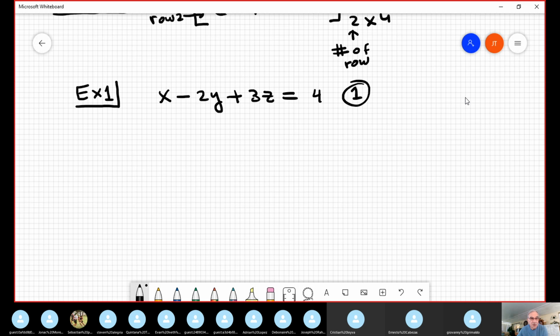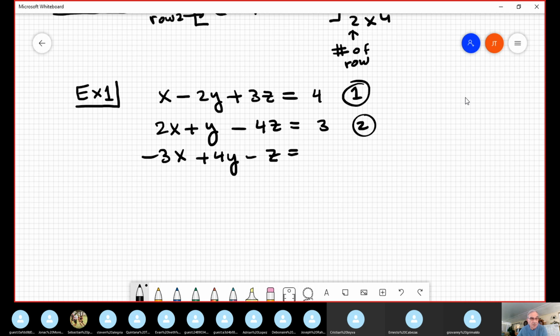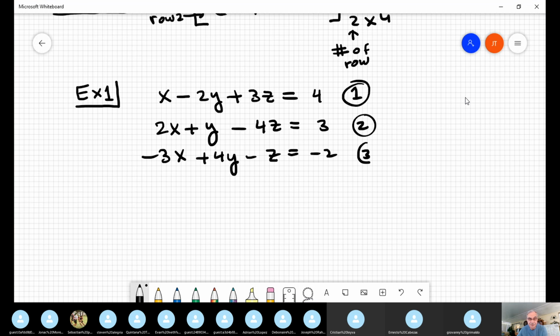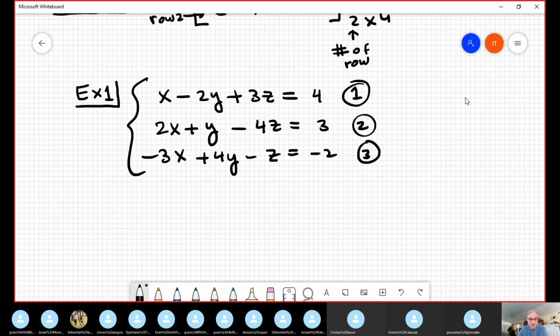Equation number 2 is 2x plus y minus 4z equals 3. And equation 3 is minus 3x plus 4y minus z equals minus 2. This is a classic example: 3 equations, 3 unknowns, x, y, and z.